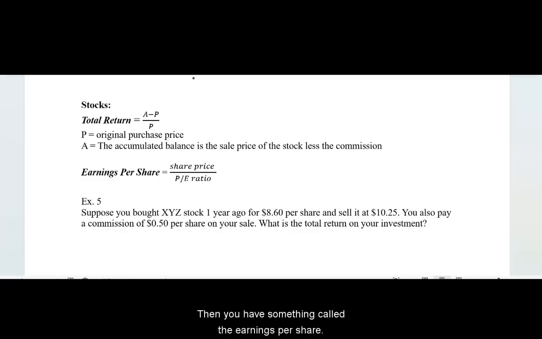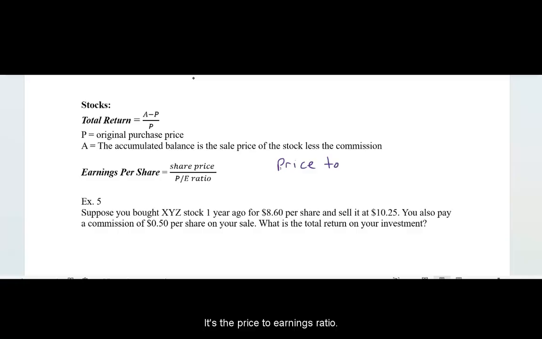Then you have something called the earnings per share. This is the share price divided by the P to E ratio. Okay, let me explain what the P to E ratio is. It's the price to earnings ratio. Okay, so let me just kind of put that here.